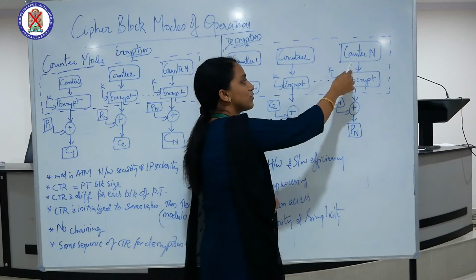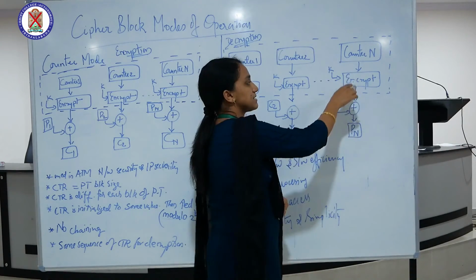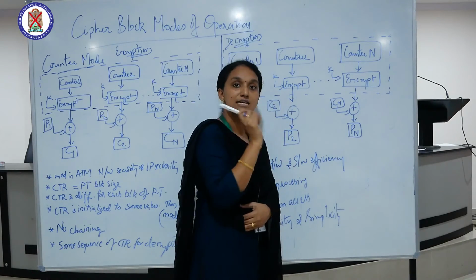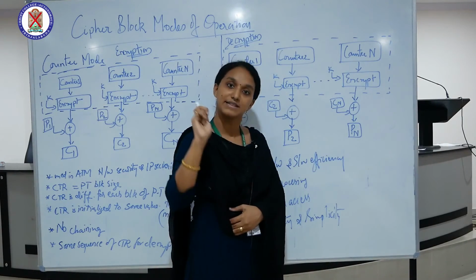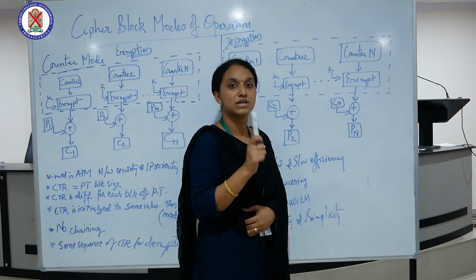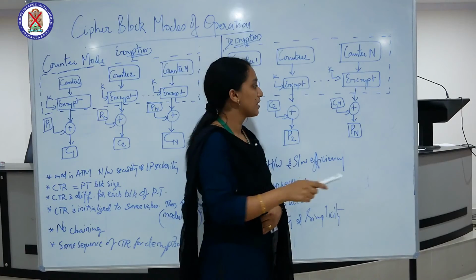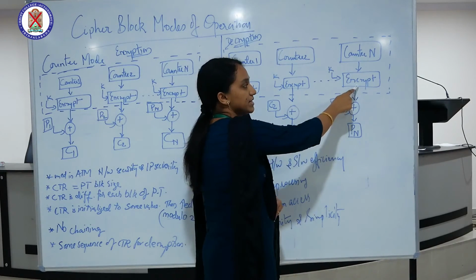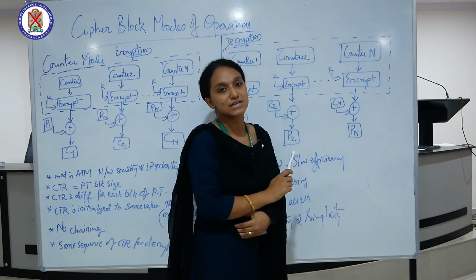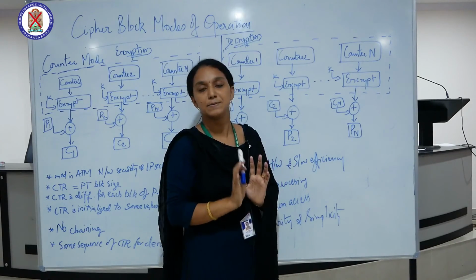The last counter will be counter n. This is encrypted. That result is XORed with the last unit of the ciphertext generated in the encryption process, that is Cn, and that will be one of the inputs for the XOR function. That Cn is XORed with the encrypted counter to produce the corresponding plaintext unit Pn.